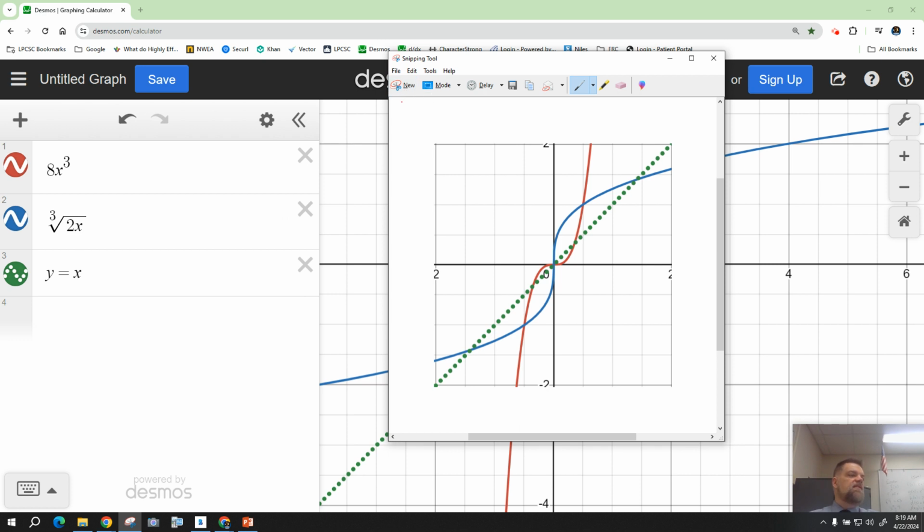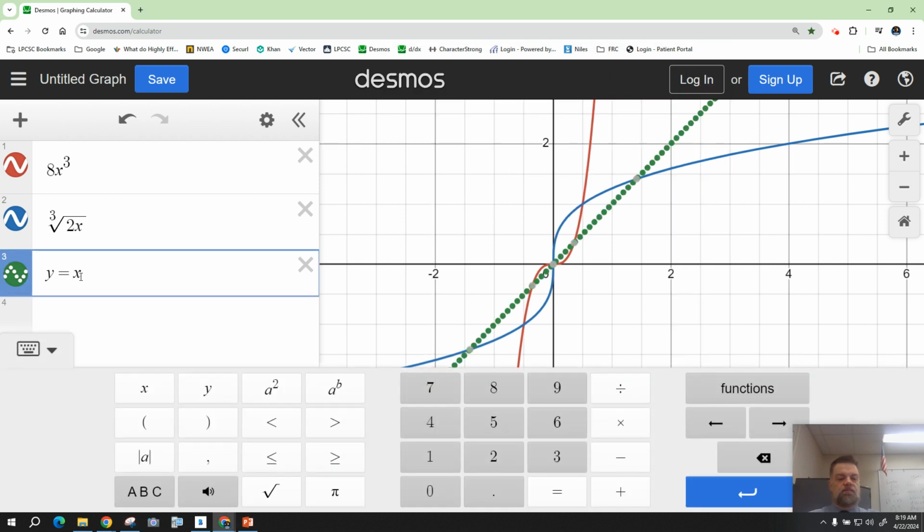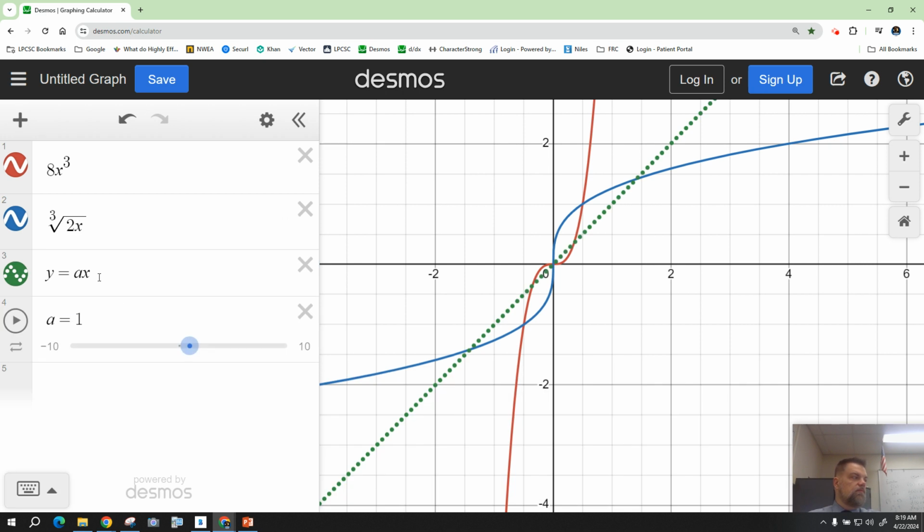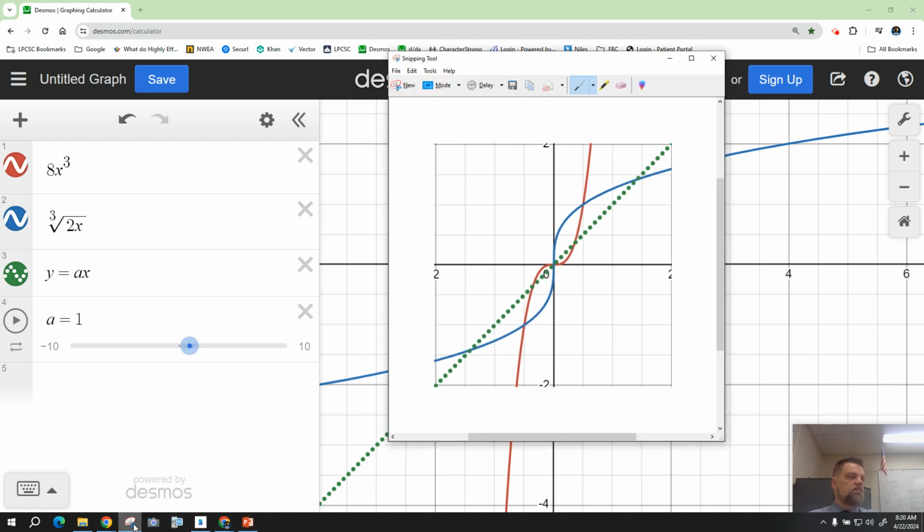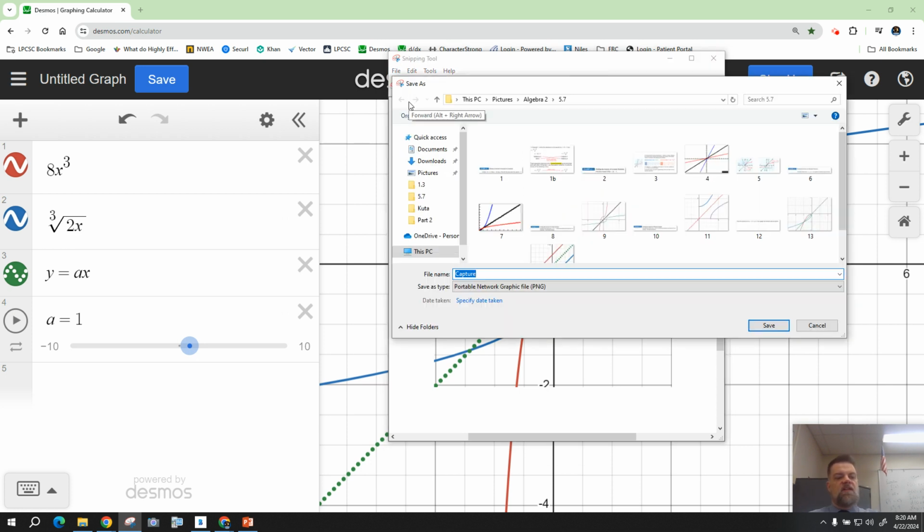Does that make sense? I'd have to change this line. In other words, if I did this, that's their line of symmetry. But that's not y equals x. So that's something that we got to think about, okay? So they're definitely symmetrical, but not about the diagonal.